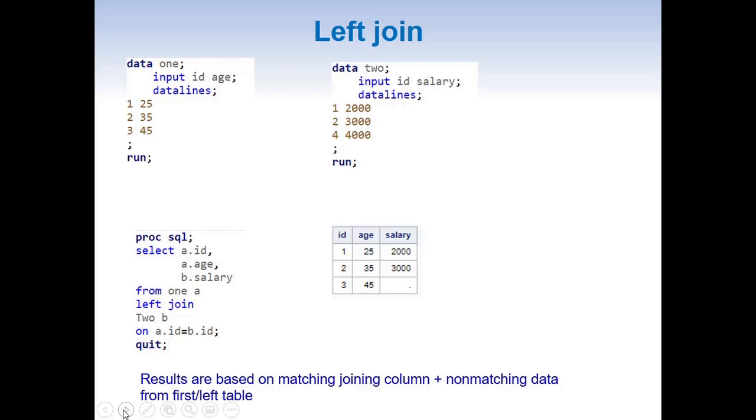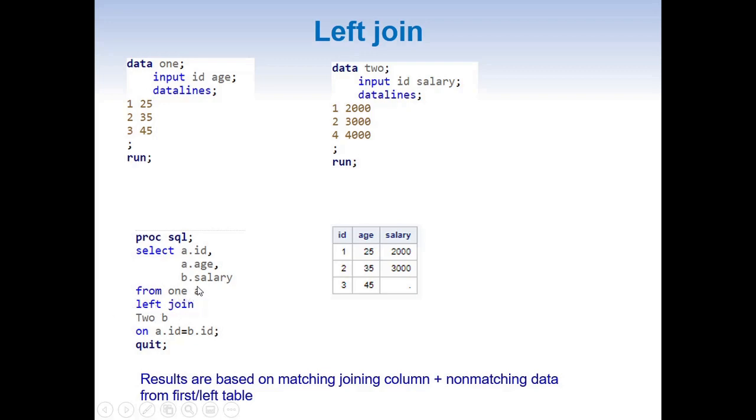Let's look into the code first, and then we will go ahead and discuss the results. We are doing everything the same in here as what we have previously done in the inner join, but we are going to mention left join. What does the join name here mean?